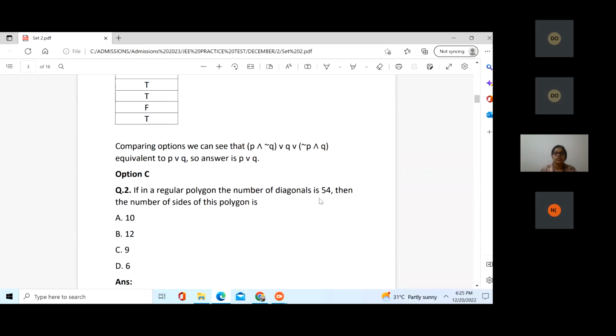So the second question is, if in a regular polygon, the number of diagonals is 54, then the number of sides of this polygon is. I have four options here, 10, 12, 9 and 6.